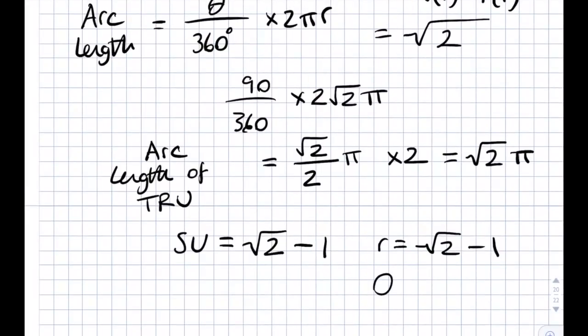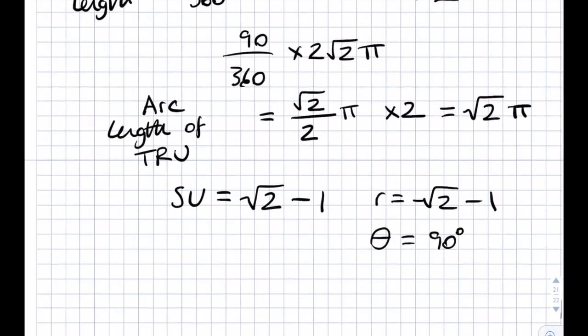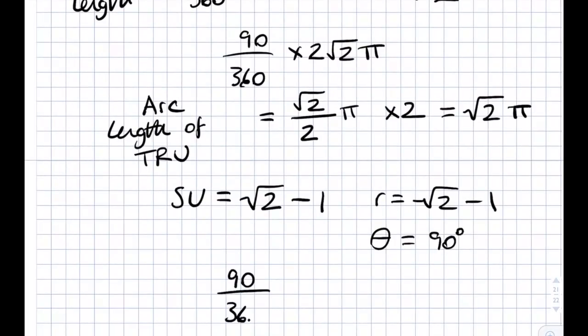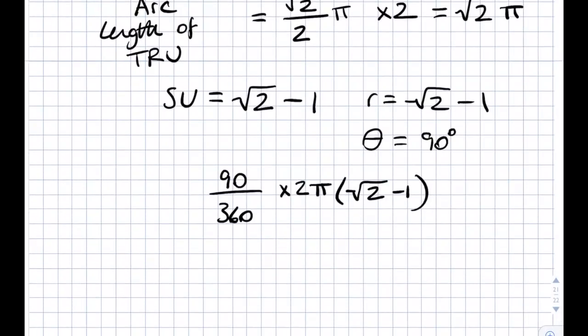The angle is going to be 90 degrees because all the arcs are a quarter of a circle. So we substitute those results into the arc length formula again. We get 90 over 360 degrees multiplied by 2 pi times the radius of root 2 minus 1. Again, 90 over 360 simplifies to a quarter, multiplied by 2 pi simplifies to pi by 2, and we're left with pi by 2 multiplied by root 2 minus 1.